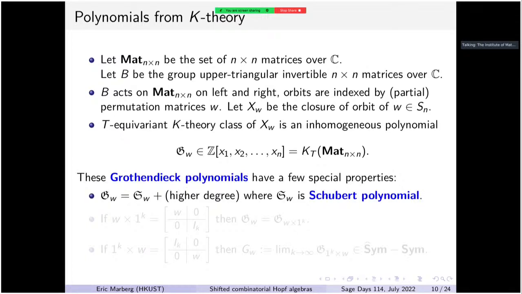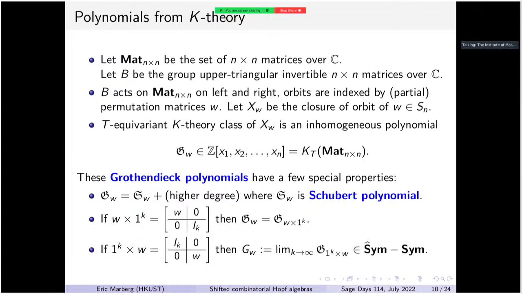So these polynomials, in this indecipherable letter which is actually a G, are called Grothendieck polynomials. And they have a couple of special properties. One, if you know Schubert polynomials, they look like a Schubert polynomial plus higher degree terms. And then they have two stability properties.